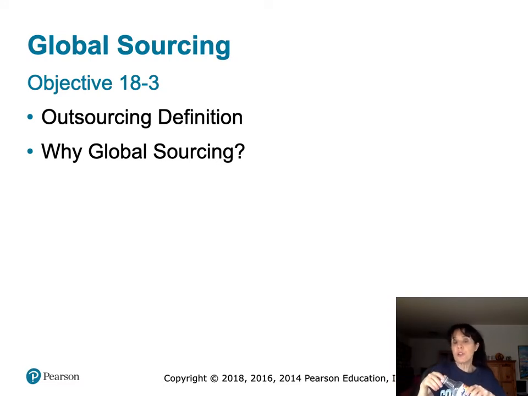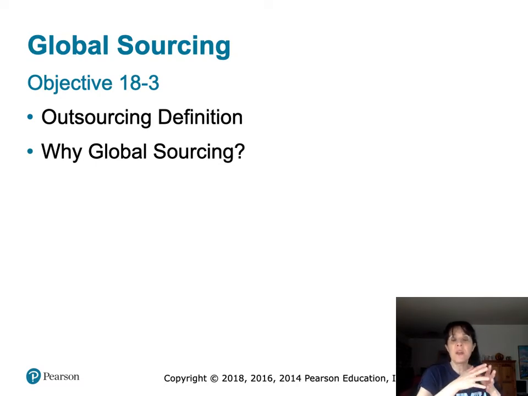We continue with learning objective 3, focusing on how global sourcing is an important aspect of global supply chain management. Think about outsourcing. Outsourcing is a very important component of global sourcing. So what do we mean by outsourcing?